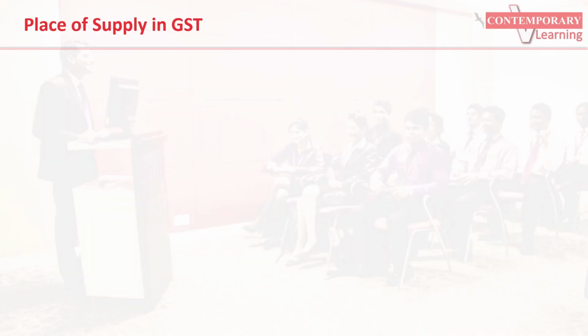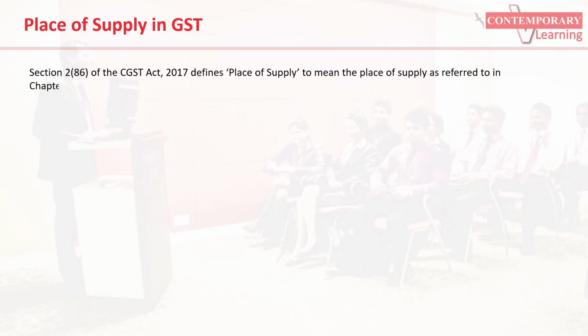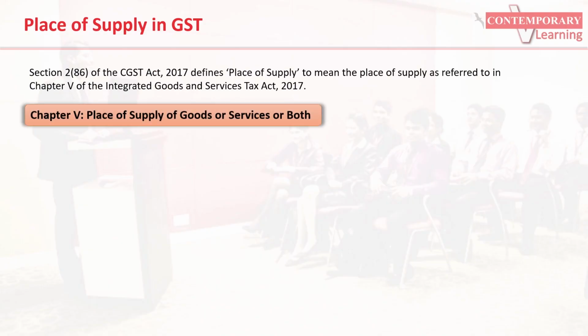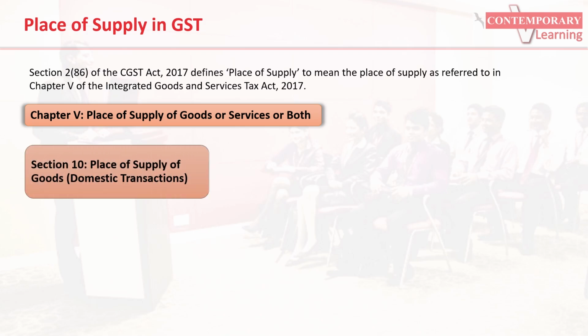Let's look at the legal framework. Section 286 of the CGST Act 2017 defines place of supply and refers us to Chapter 5 of the IGST Act 2017. This chapter is comprehensive and covers different scenarios. Section 10 deals with place of supply of goods for domestic transactions.